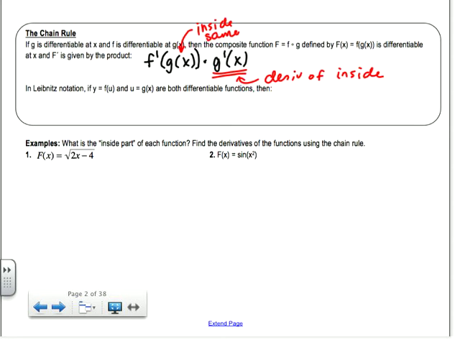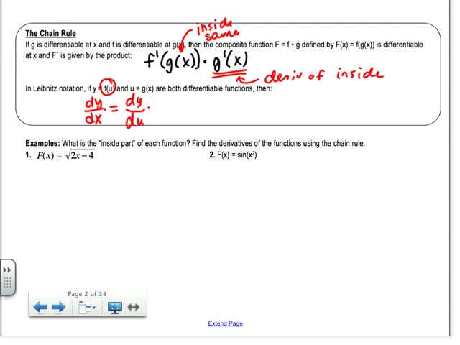Okay, so that's kind of our Newton notation with the primes. So in Leibniz, if you have y equals f of u and u is equal to g of x, so that means you have f of g of x, then the derivative of y in terms of x equals, you take the derivative of the y value, but it was in terms of u, so all of its variables were u.